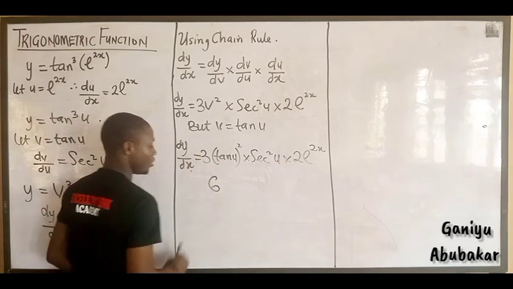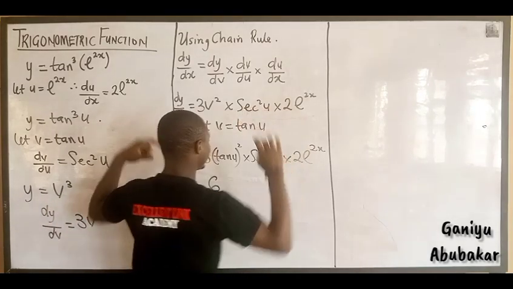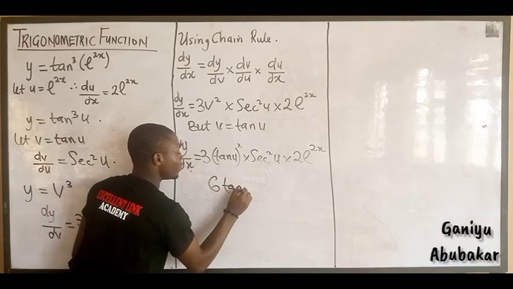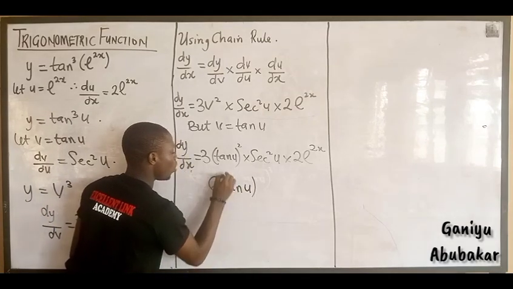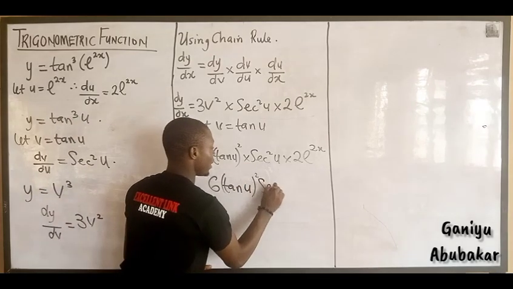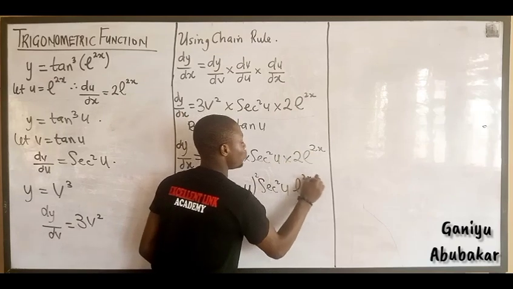I'll have 6, next tan u all squared, next sec squared u, and finally exponential 2x.